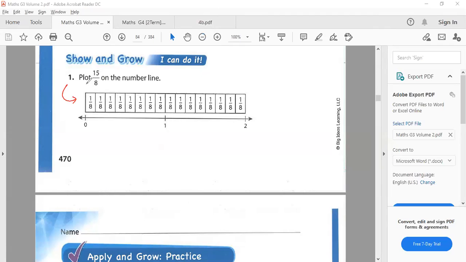This fraction is smaller or greater than 1. This is not good at all. Omar, could you please mute your speaker? Okay, now this is 15 over 8.